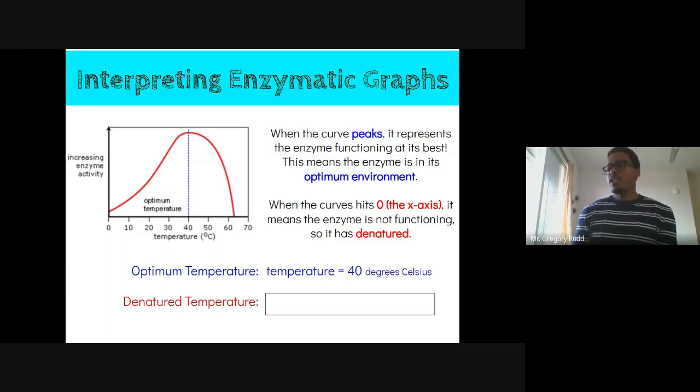What about the denatured temperature? When is this enzyme going to be denatured? Let's think about our less than or greater than signs here. And thank you, JT, Melissa, Lisa, and Janelle for that answer.